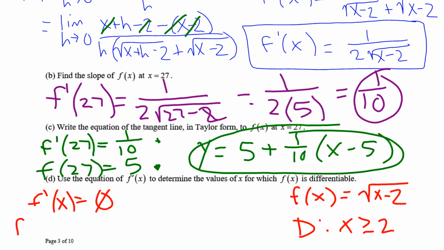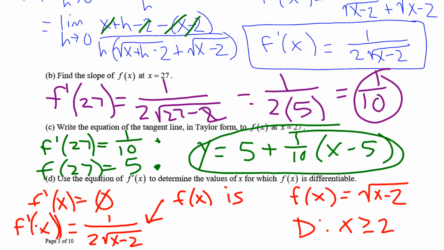But when we look at our derivative function, our f prime, we have a similar expression, but this is in the denominator. So x cannot equal 2. So f of x is differentiable for any x value greater than 2, not equal to.